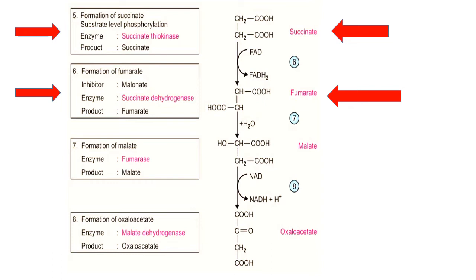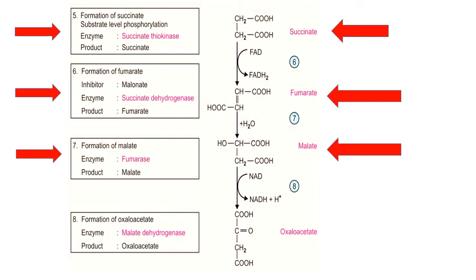So this is the completion of step 6. Step 7 is a hydration step where the fumarase enzyme is required, which causes the conversion of fumaric acid into malic acid, or fumarate into malate.